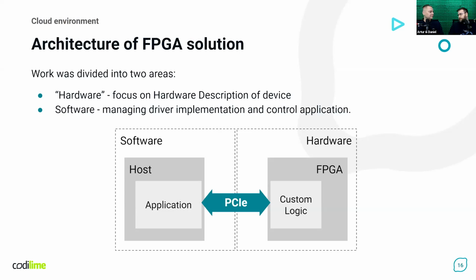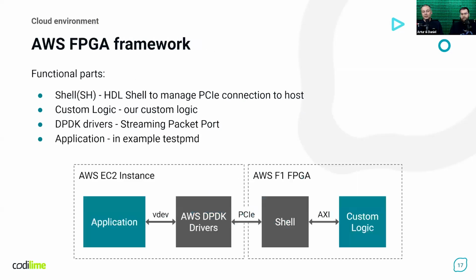And Daniel, could you tell us more about the communication between those two components? Yes. In the Amazon framework, we can recognize a few functional parts responsible for different tasks. First of all, it is a shell.